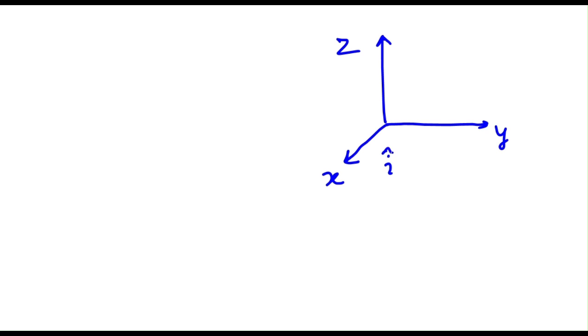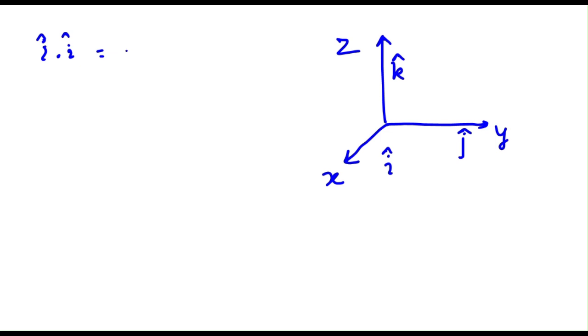So here we have the Cartesian coordinate system. This is the y-axis, this is the z-axis, and this is the x-axis. The unit vector along the x-axis is I cap, the unit vector along the y-axis is j cap, and the unit vector along the z-axis is k cap. If you are doing I dot I, that is the magnitude of vector I, which is 1, that's why we call it a unit vector.